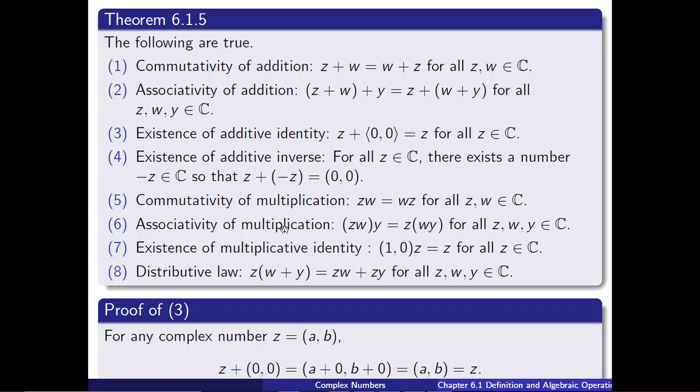for commutativity, we also have commutativity of multiplication. We had commutativity of addition in number 1, so we also have commutativity of multiplication. And we also have associativity of multiplication. And then we also have the existence of a multiplicative identity, and the identity is the complex number (1, 0), and that's that.